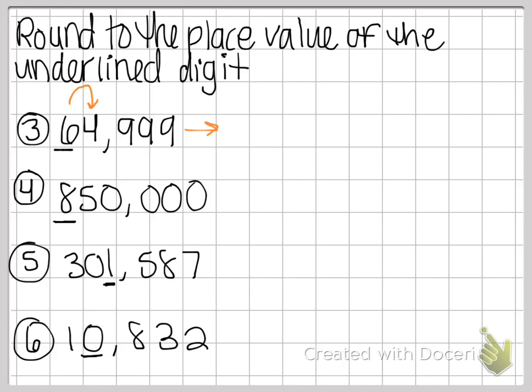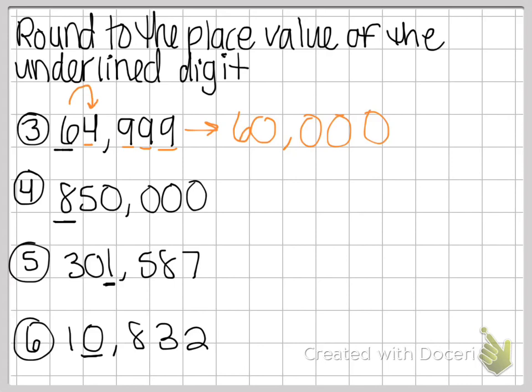Since it's a 4, you let it go, that 6 is going to stay the same, and everything after that 6, which would be the 4, 9, 9, 9, would all become zeros. So 64,999 is about 60,000.